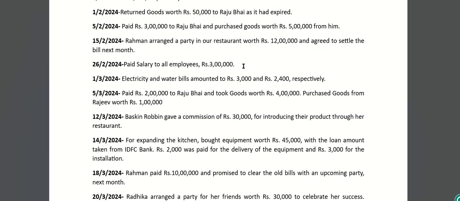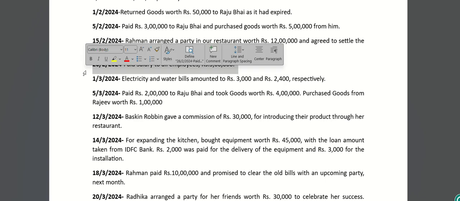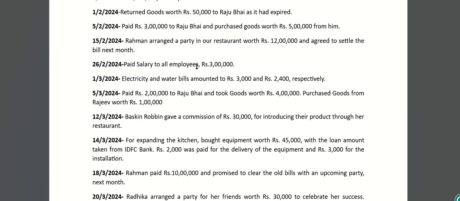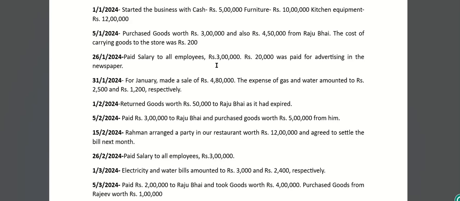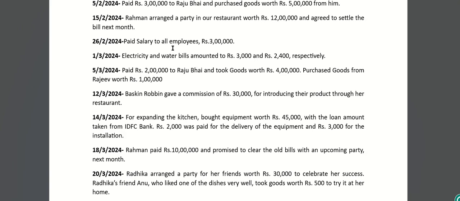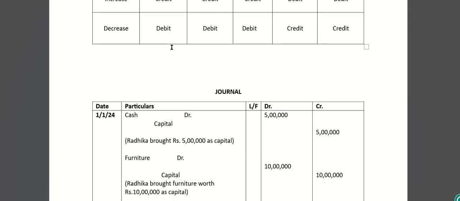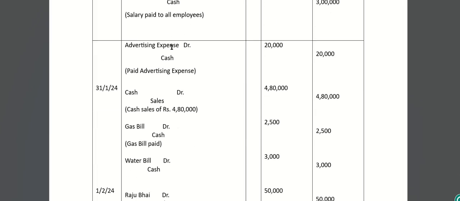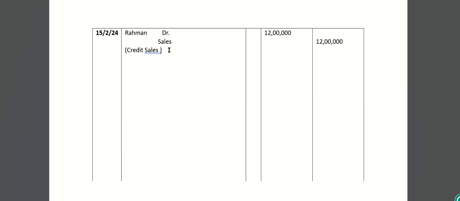Yeah, on 26 February 2024, we paid salary to employees of rupees 3 lakhs. Just look at what happened on the 26th of the last month. There also we paid salary. That means we can assume that this business makes its salary payment to the employees on the 26th of every month. Now we can move to the journal entry and see how we should write it.